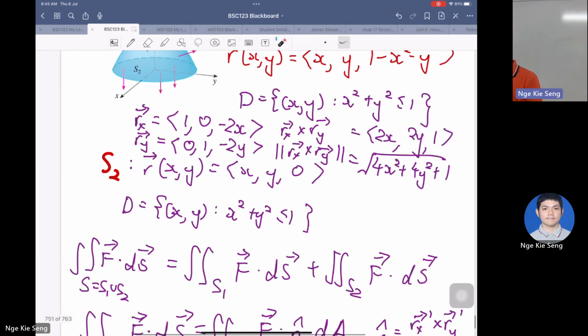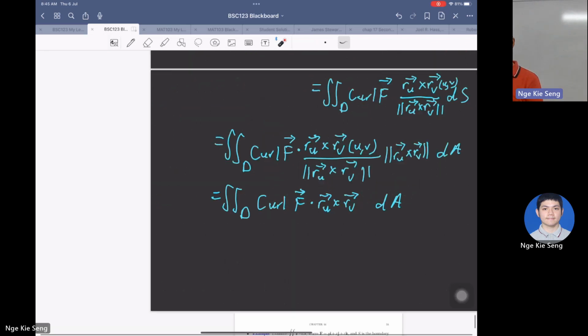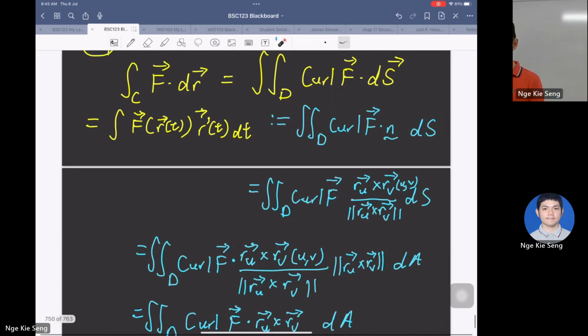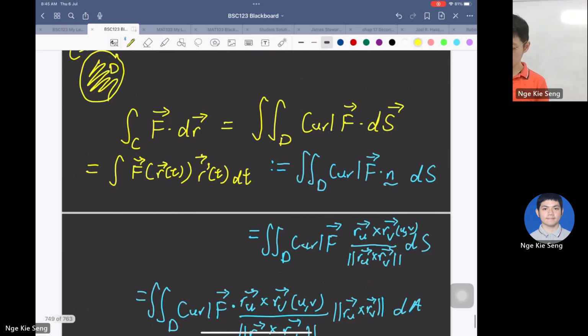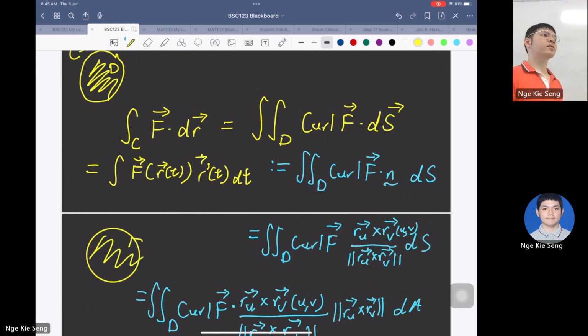Actually, there's one more thing I need to tell you about this orientation. We know that C has an anti-clockwise orientation. How about the region it bounds? Last time we said the surface is orientable. There are two ways, so which side do you need to pick?